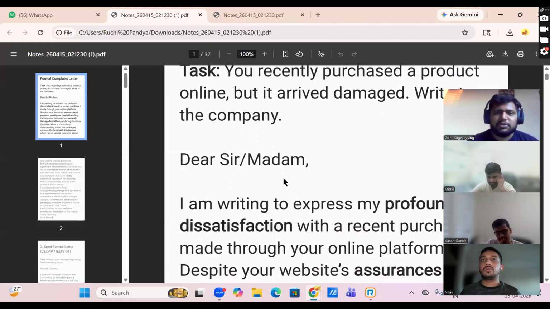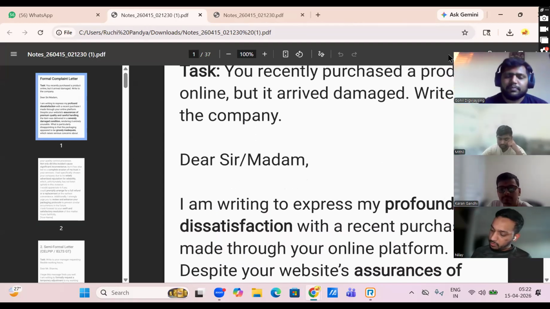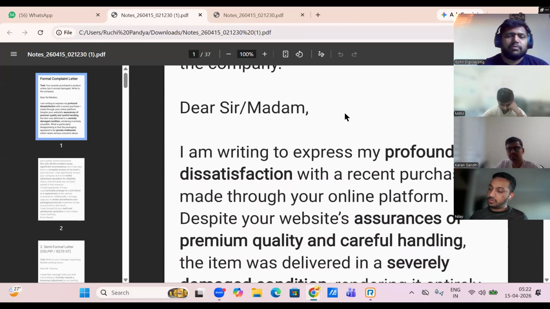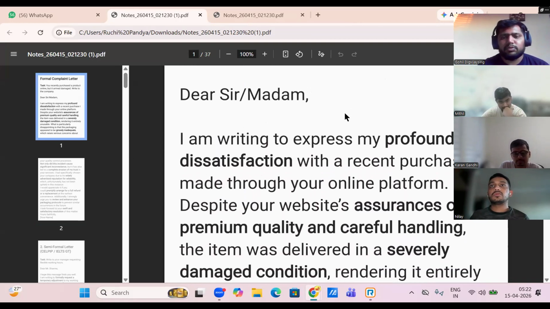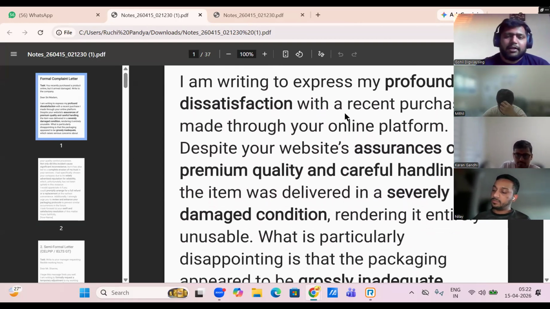You recently purchased a product online, but it arrived damaged. Write to the company. Dear sir, I'm writing to express my profound dissatisfaction with a recent purchase I made through your online platform. Despite your website's assurances of premium quality and careful handling, the item was delivered in a severely damaged condition, rendering it entirely unusable.